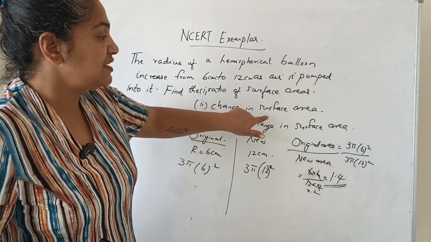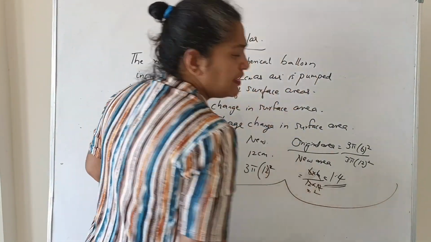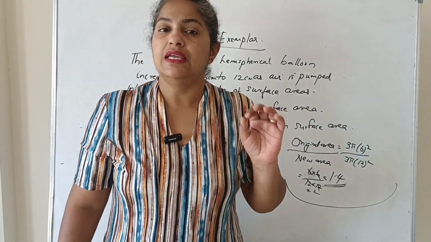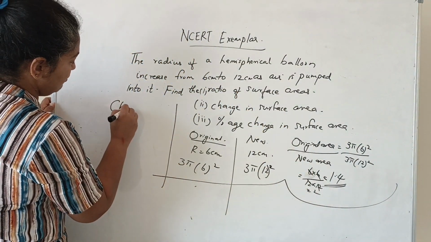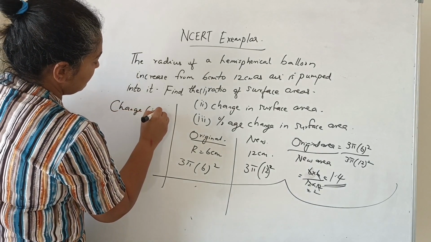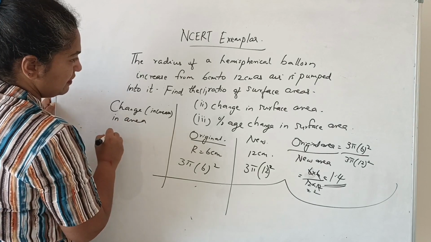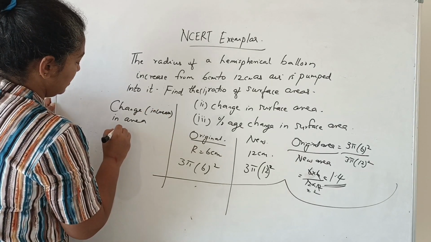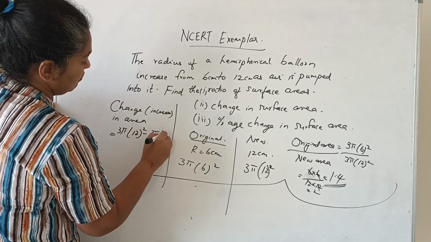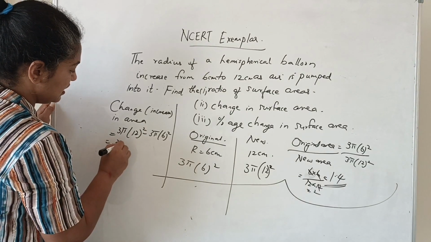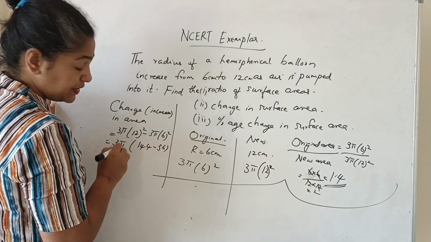Now the second part, change in the surface area. Now when you say change in the surface area, it basically means increase or the decrease in surface area. In this case, it is an increase in the surface area. So here you will write change or the increase in area is equal to 3 pi into 12 square minus 3 pi into 6 square, which is 3 pi into 144 minus 36, right?